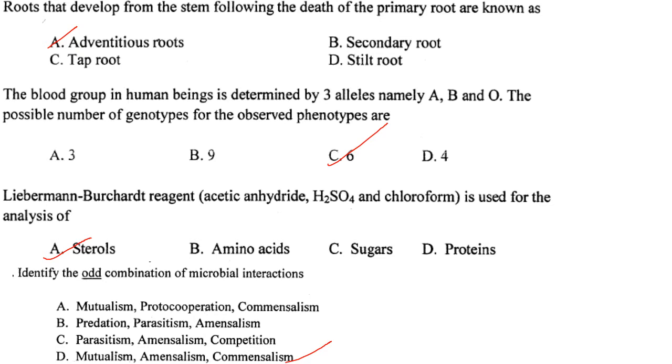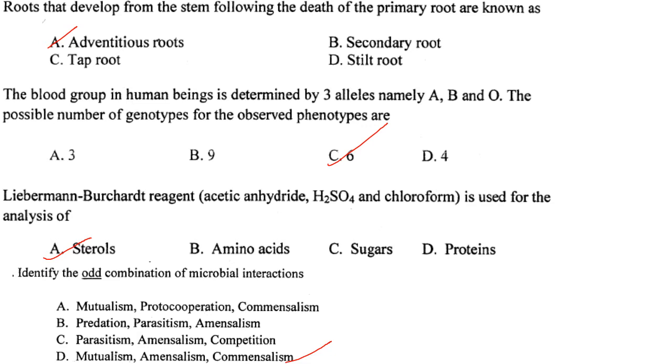Identify the odd combination of microbial interaction. So mutualism, photocooperation and commensalism. Mutualism, photocooperation, commensalism, all these three are positive interactions. Okay, so they belong to the same group.